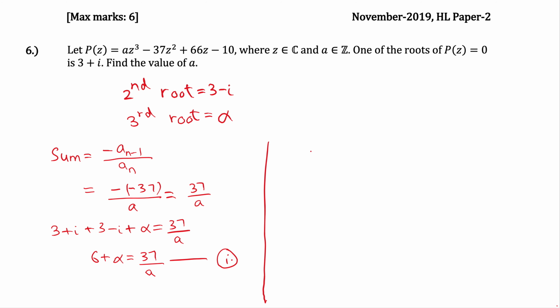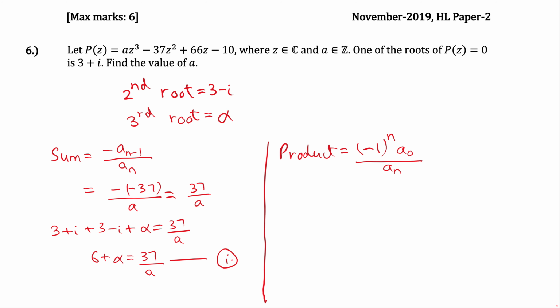Now secondly, the product of the roots will be given by the formula negative 1 to the power n a_0 upon a_n. Again, this formula can only be used when the polynomial equation is equal to 0, which we know is true.